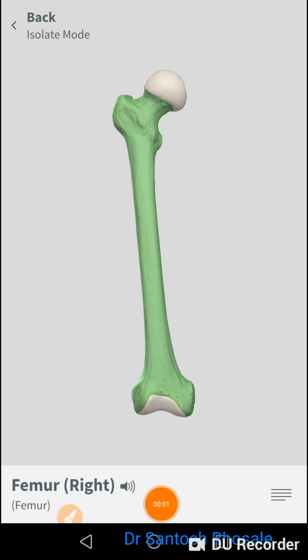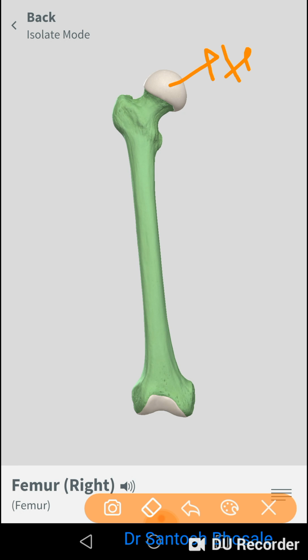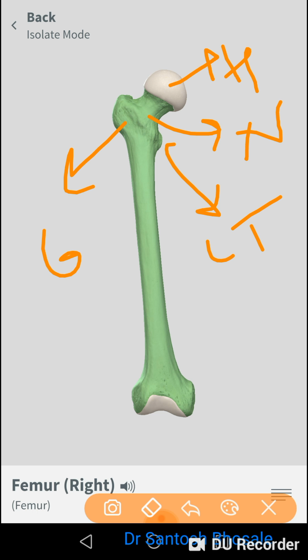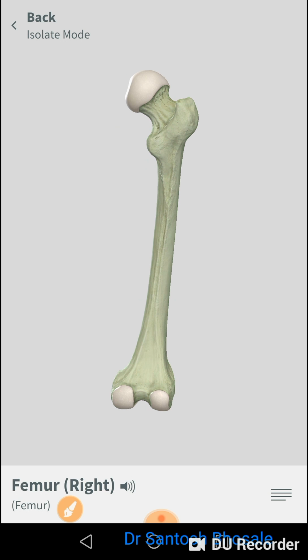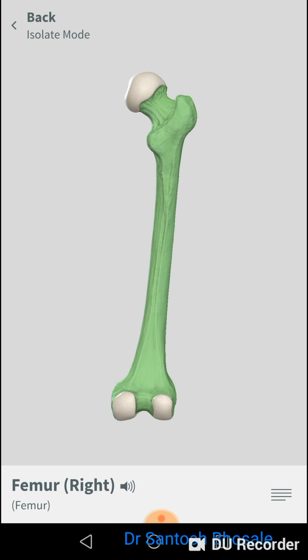Coming to the features of the femur, the upper end presents, as I already told you, the head, neck, a lesser trochanter and a greater trochanter. Between the lesser and greater trochanter, you can see an intertrochanteric line anteriorly, whereas the intertrochanteric crest is posteriorly.